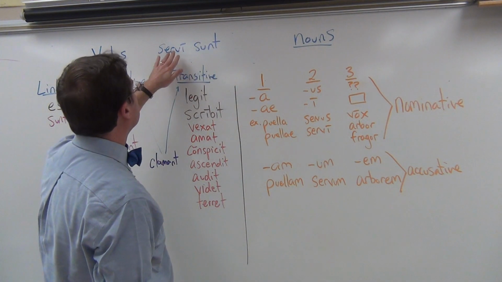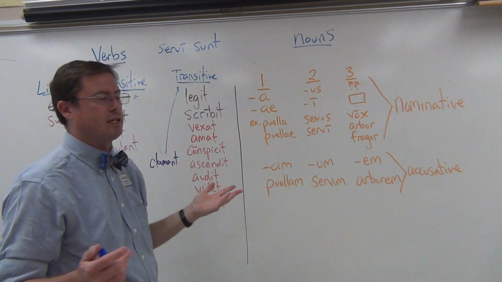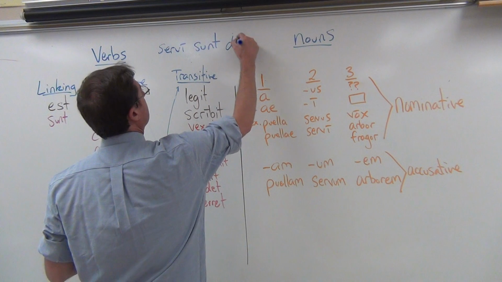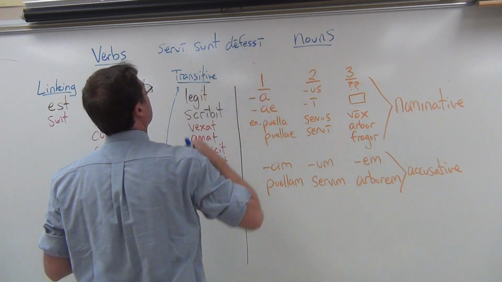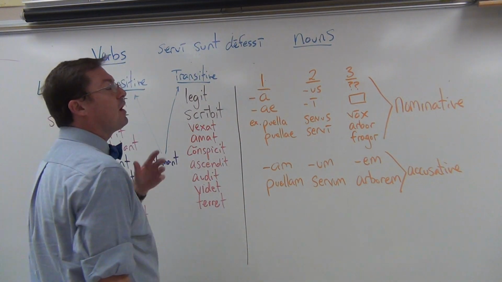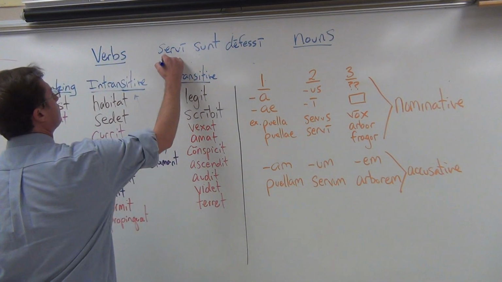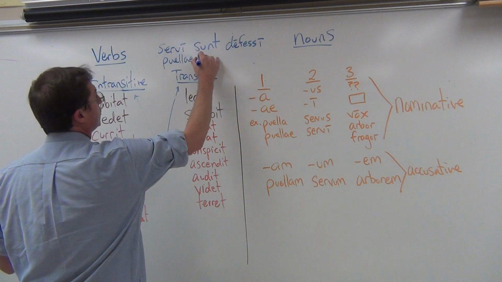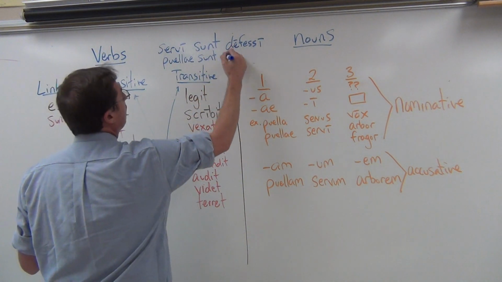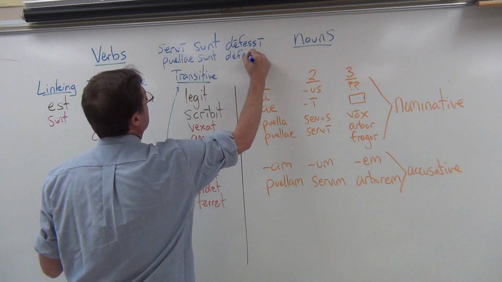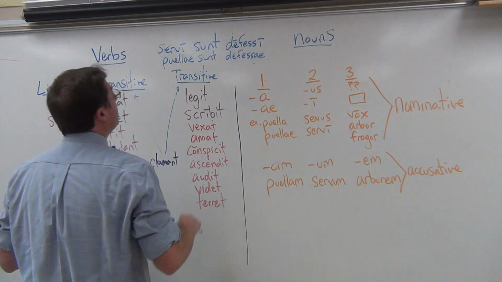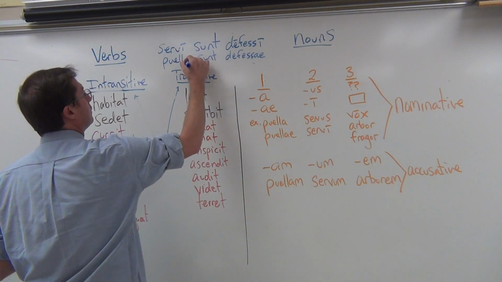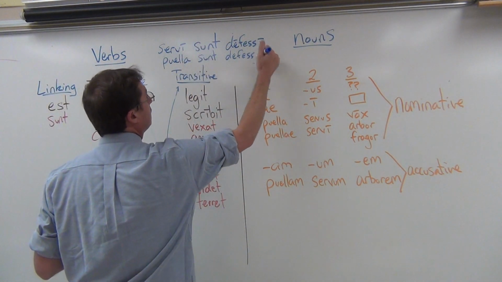And so if I wanted to say the slaves are, and let's just choose an adjective, tired, it would have to be defessi. But if I wanted to say the girls, let's go with girls since it's plural, because we get to use sunt again, then over here it would have to be defessae. If it were a singular girl, it'd be defessa.